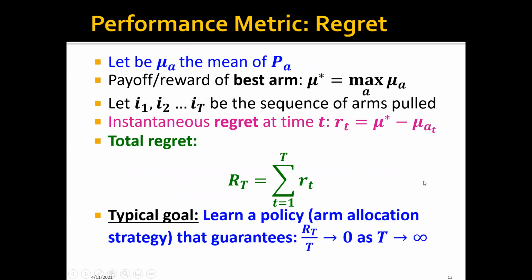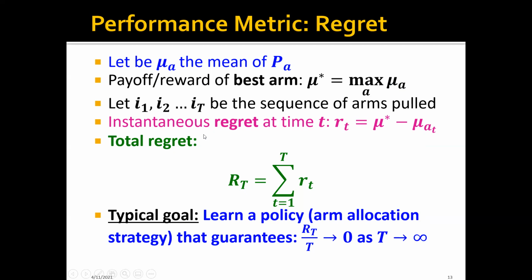So what is regret exactly? How do we define this kind of regret that we mentioned? Let's say that mu a is the mean of the distribution P_a, and that the payoff or the reward of the best arm, we denote it as mu star. It would just be the maximization over all the arms of the expectation, right? So it's like you're picking the mu a with the largest expected reward. Then let's say that I_1, I_2, all the way to I_T is the sequence of arms that you pull.